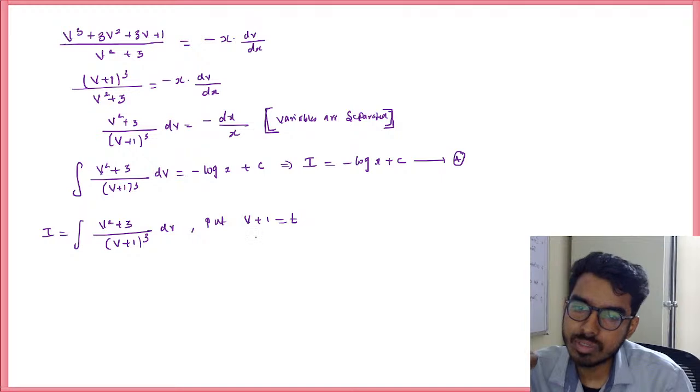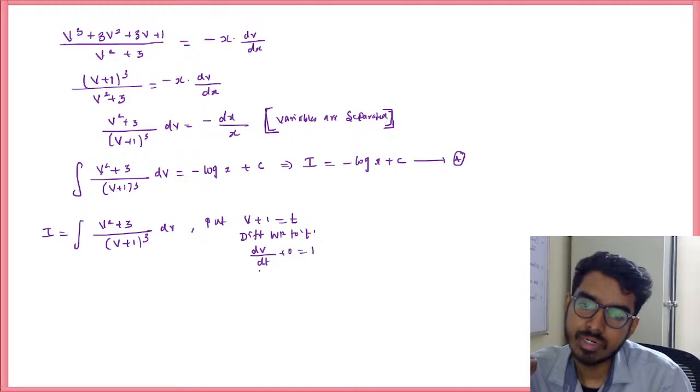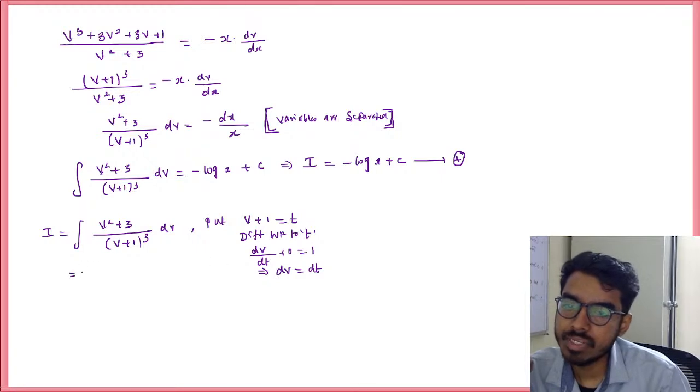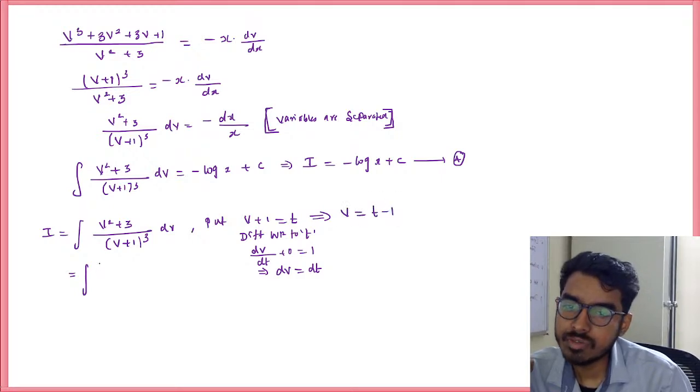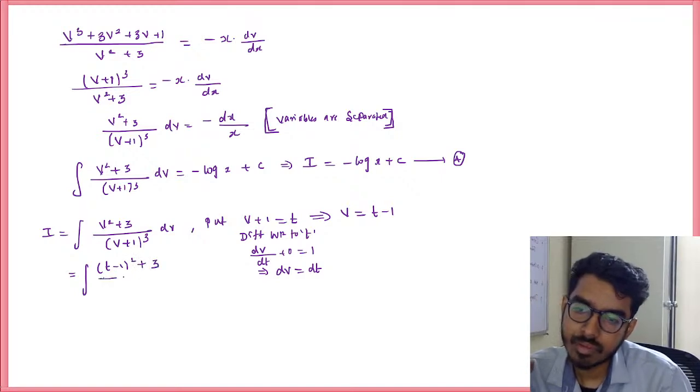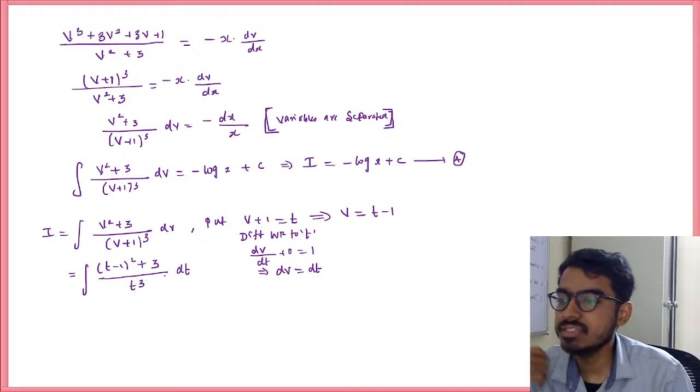Now differentiate with respect to t. That means this will be dv by dt plus 0 is equal to 1, so dv is equal to dt. And if v plus 1 is t, v will be t minus 1. So v square will be t minus 1 whole square plus 3 divided by v plus 1 is t, t cube, and dv is dt, right?